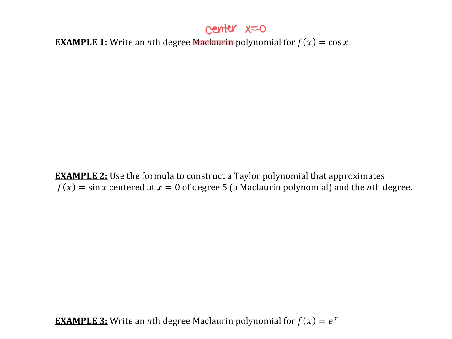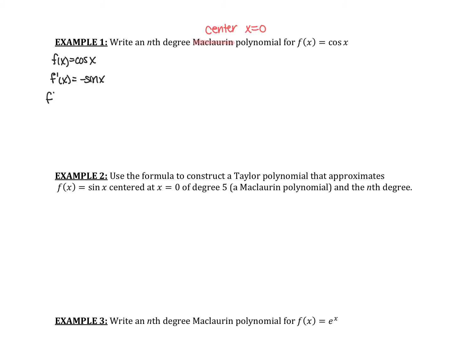So the first thing I'm going to do is start by taking derivatives. I don't necessarily need too many. Hopefully you start to see a pattern. We just need as many terms as it takes to develop a pattern. I'm going to start with the function that was given, f of x equals the cosine of x, and start taking derivatives. The first derivative would be negative sine of x.